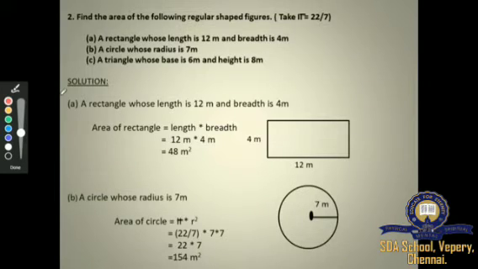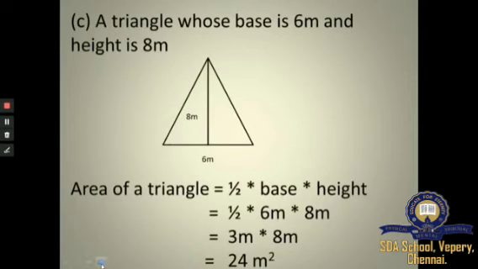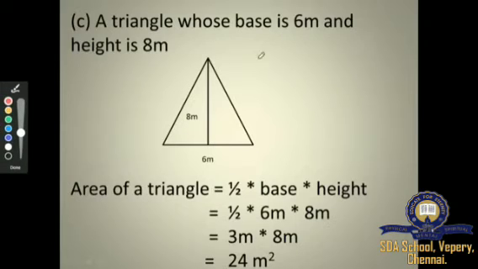A triangle whose base is 6 meter and height is 8 meter. So here is a triangle with base 6 meter and height 8 meter. So area of a triangle is equal to half into base into height, which is equal to half into the base, given to be 6 meter, and the height is 8 meter.